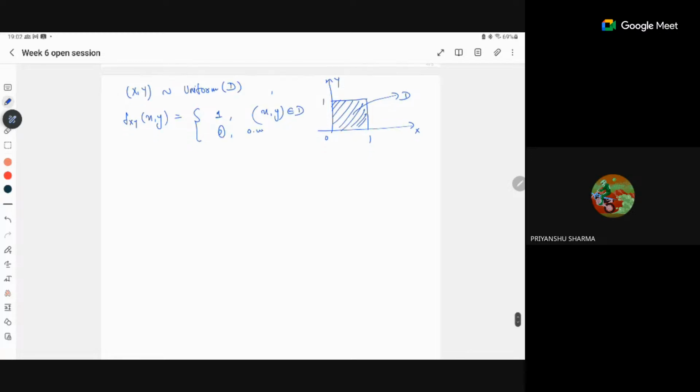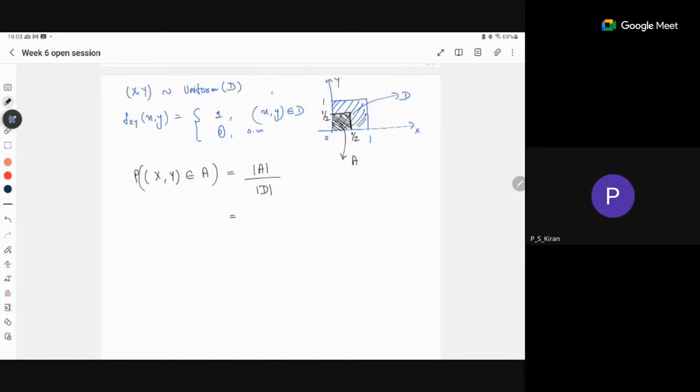Let's say I take a small sub-region A. What is the probability that xy belongs to A? This is just area of A divided by area of D. Let's say this is 1 by 2 and this is also 1 by 2. Can you tell me what the answer is?